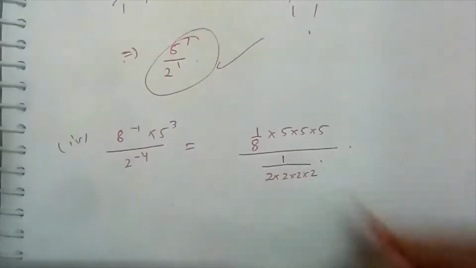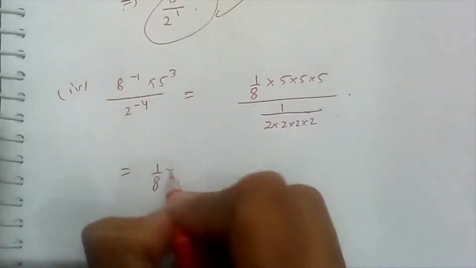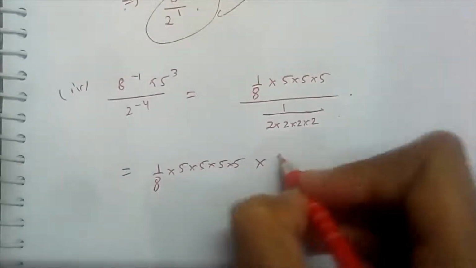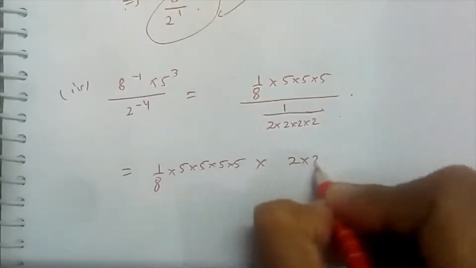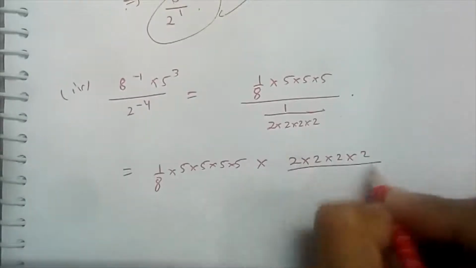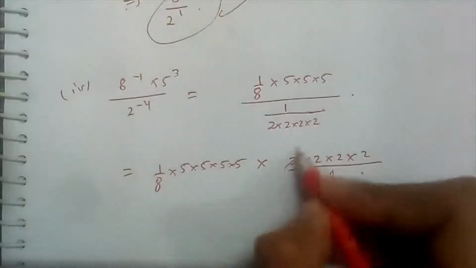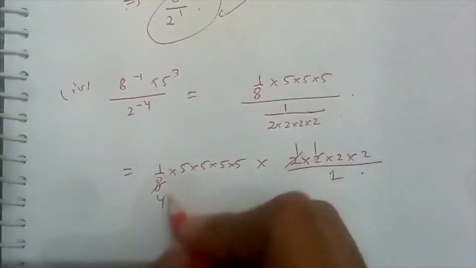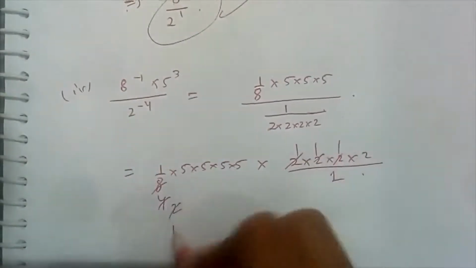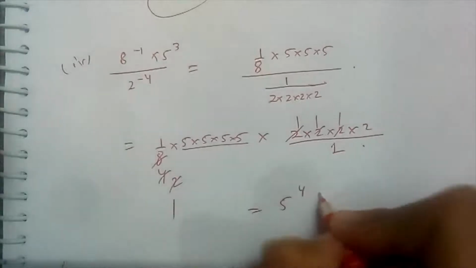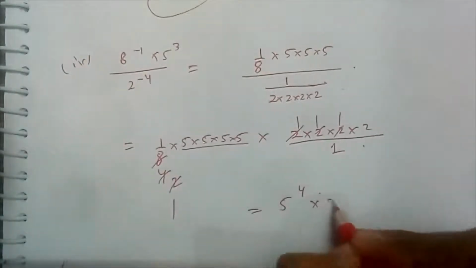Okay, so let's quickly solve it. 1 upon 8 into 5 into 5 into 5 into 5 into 2 into 2 into 2 into 2 upon 1. Done. 2 ones are 2 fours are 2 twos are 2 ones are. We will get the answer as 5 to the power 4 into 2. Done.